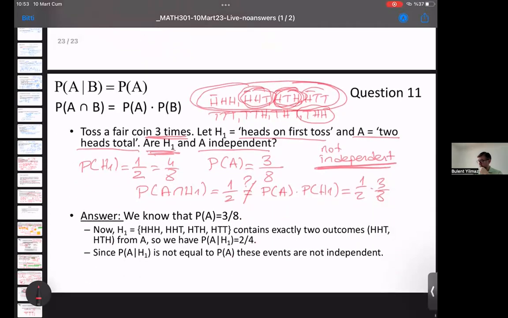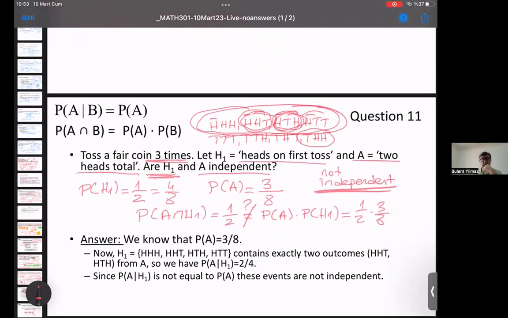H1 contains exactly 2 outcomes with 2 heads, HHT and HTH. So the probability of having A, given that it's H1, is going to be 1/2. So if you use this formulation, find out the outcome.